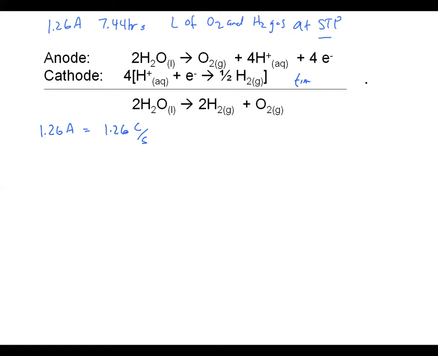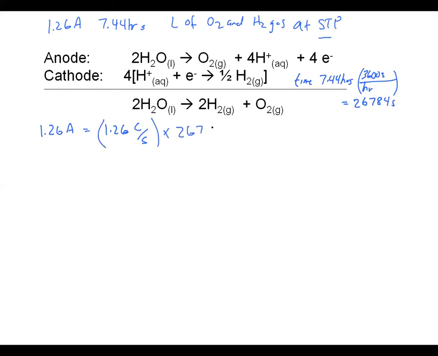So we do want to do that conversion. In an hour, there's 3,600 seconds. And again, this is all just to make sure the units cancel out. And we'll end up with 26,784 seconds.